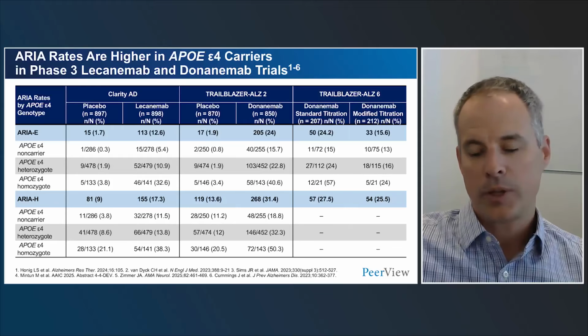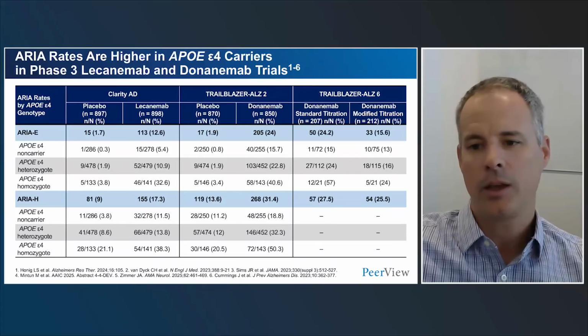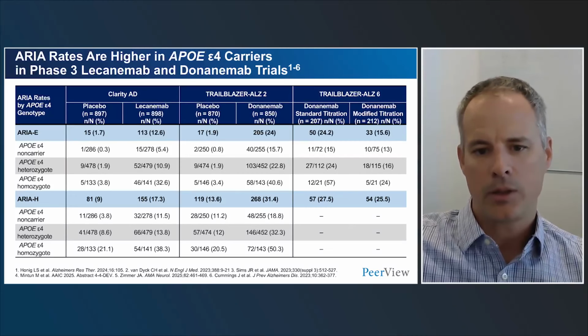Now, it should be noted that with donanemab, an altered dosing regimen was introduced in which the dose is escalated slightly more slowly, and this seems to reduce the ARIA rate of donanemab closer to that of lecanemab. So the numbers are smaller.